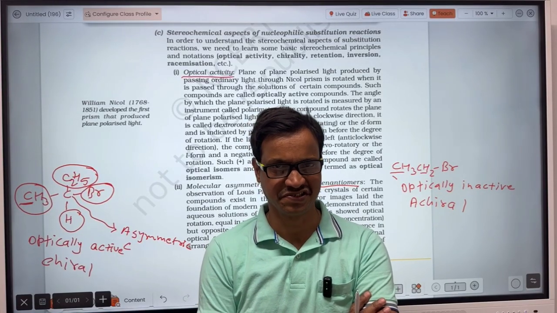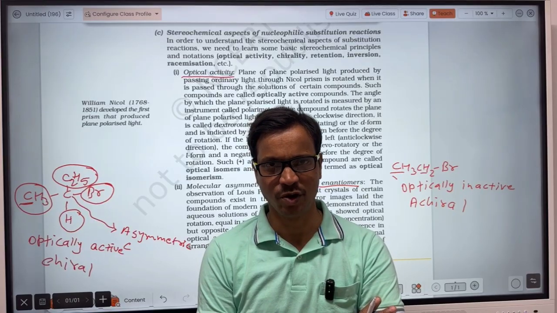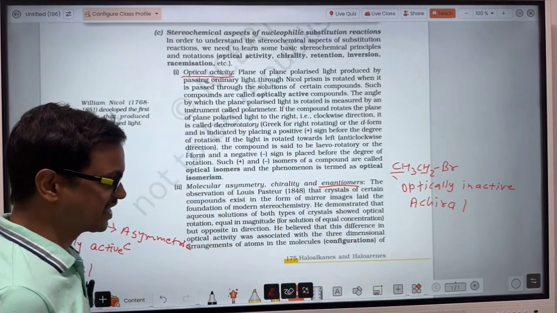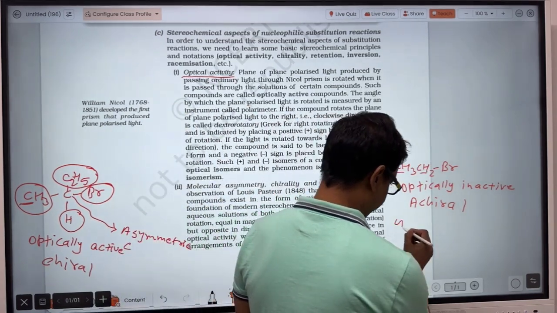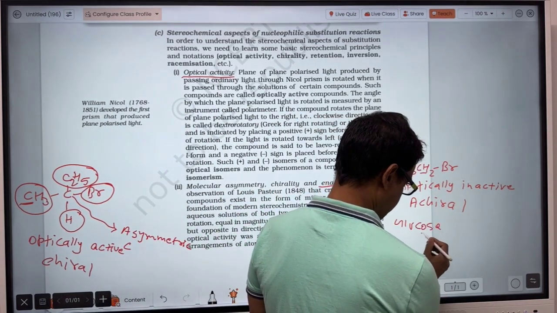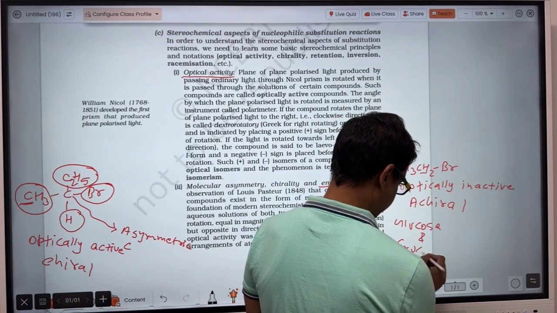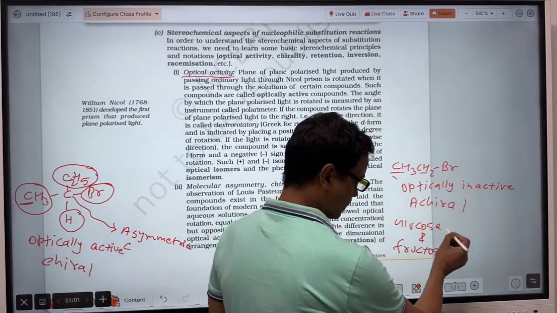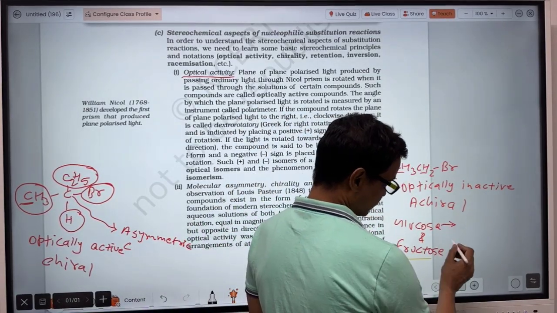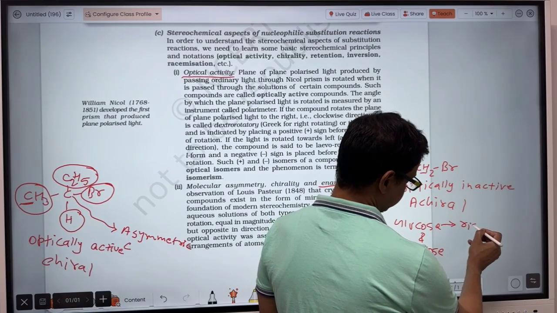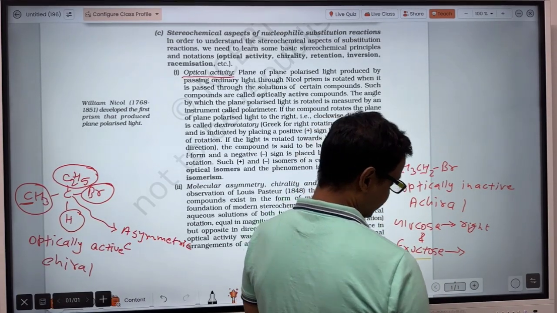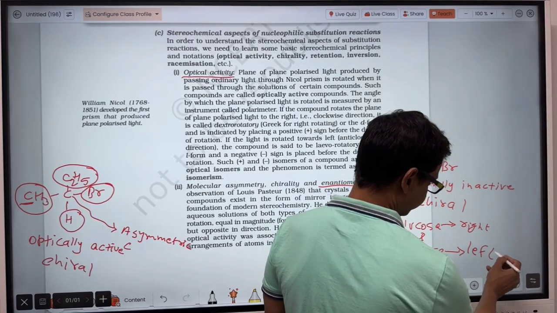The molecules whose structure is the same but whose optical activity is different are called enantiomers. For example, glucose and fructose. They are enantiomers of each other because glucose rotates the plane polarized light towards the right and fructose rotates the plane polarized light towards the left.